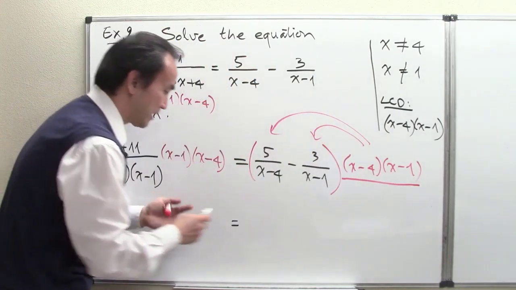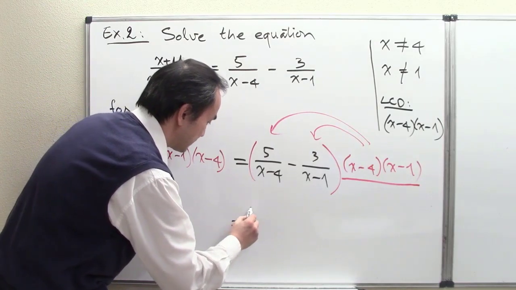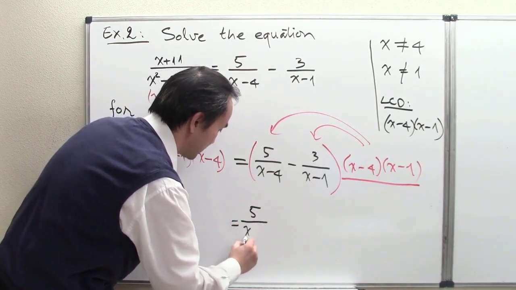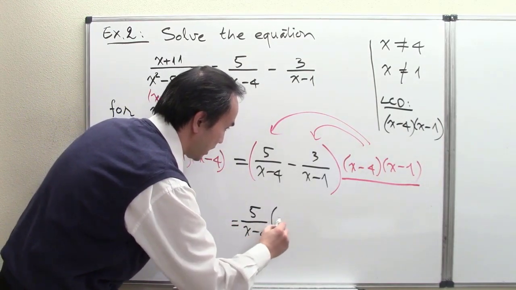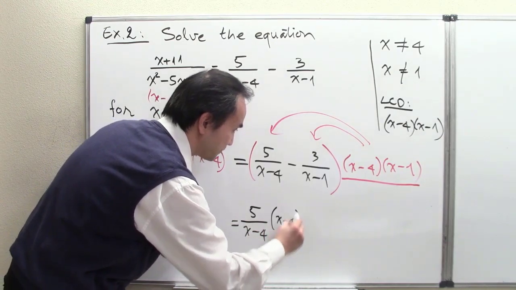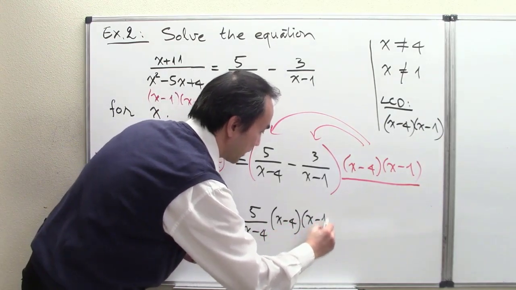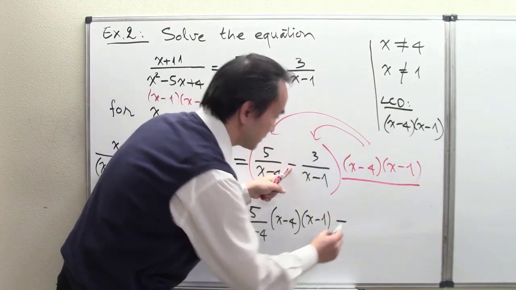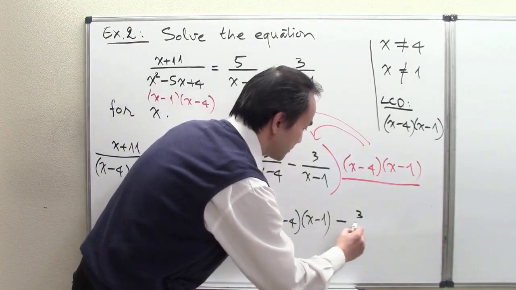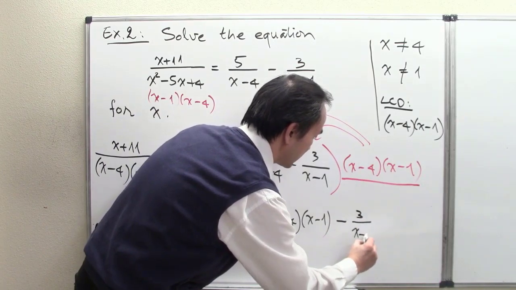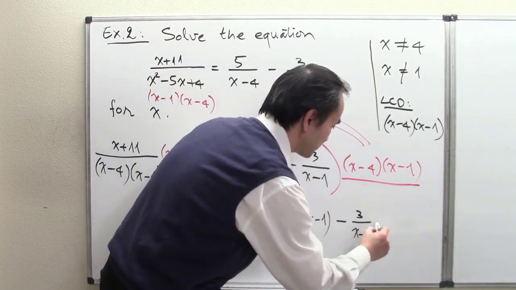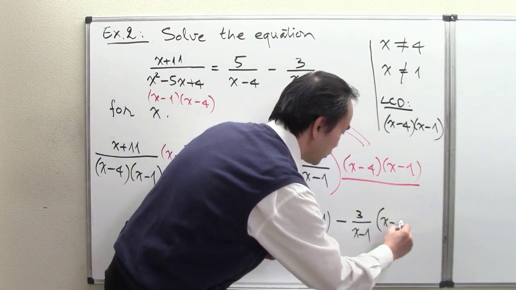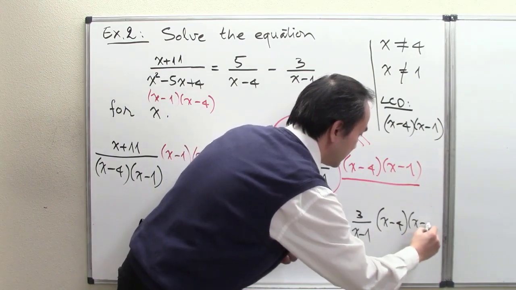I produce the following: 5 over x minus 4 multiplied with x minus 4 times x minus 1, and minus, the entire term 3 over x minus 1 multiplied with x minus 4 times x minus 1 again.